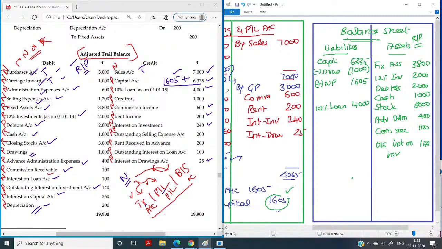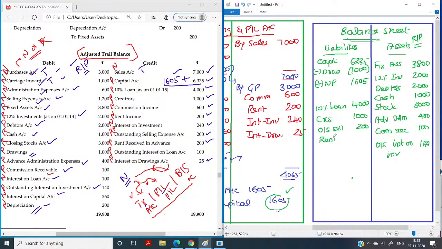And we have creditors here. Come on, get me the creditors value, which is 1,000, I think so. And then commission income recorded. Then here the unticked item, outstanding selling expenses, value being 200. And then rent received in advance.